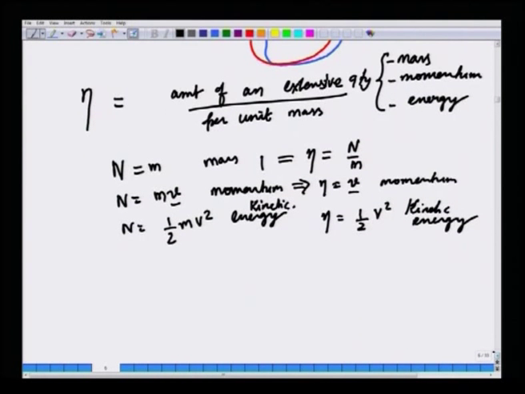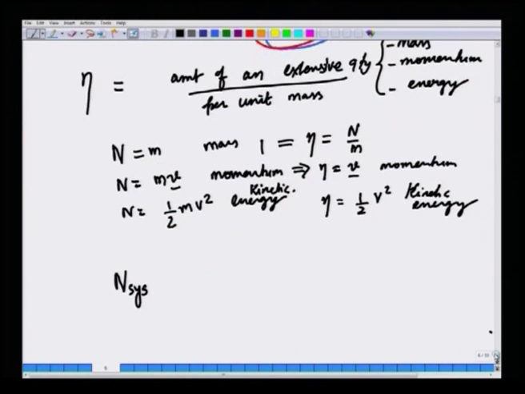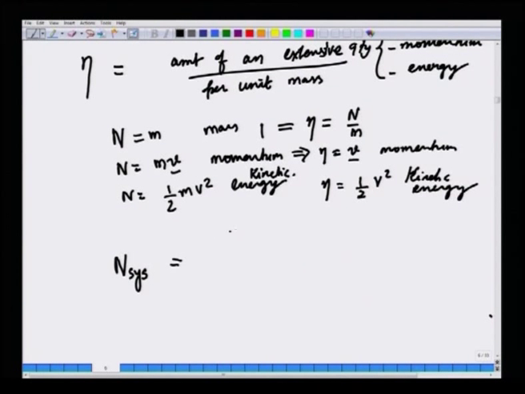Now, we are interested in the quantity that is present in the system, the total amount of quantity such as mass, momentum or energy that is present in the system. So, this is the integral over volume of eta rho dV.